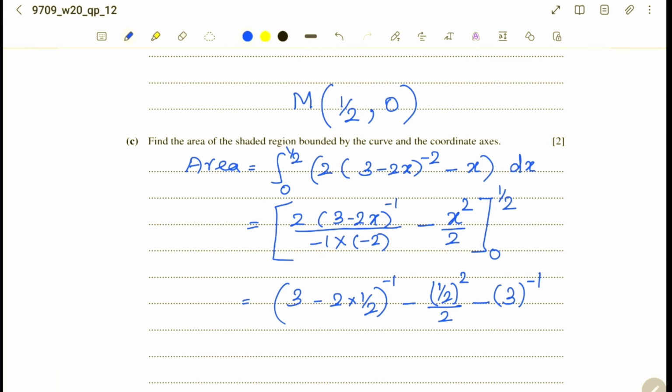Okay, so 3 minus 1 is 2, so this can be written as 1 over 2 minus 1 over 8 minus 1 over 3.